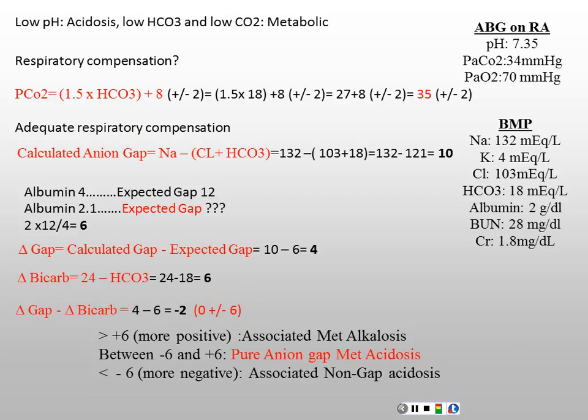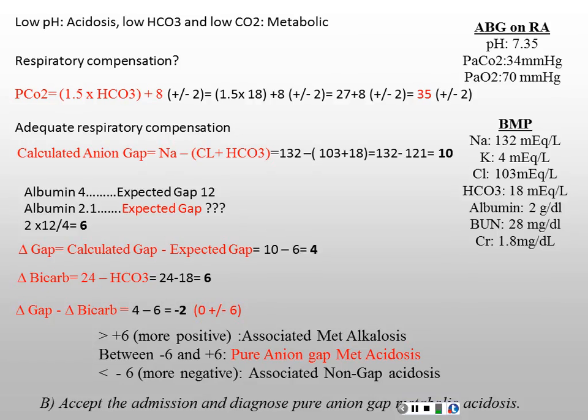If your number is below minus 6, so for example, if it comes back at minus 8 or minus 9 or minus 10, then this will indicate associated non-anion gap metabolic acidosis on top of the gap acidosis that you already diagnosed.